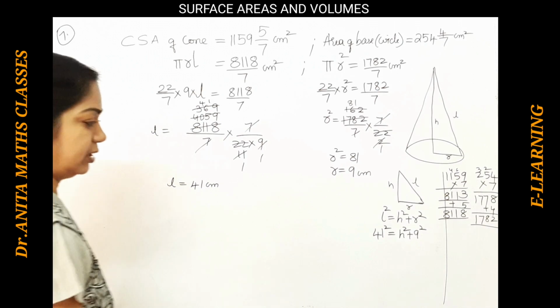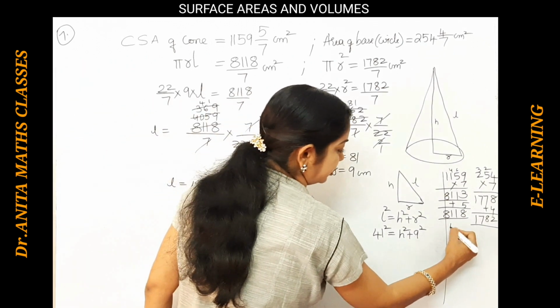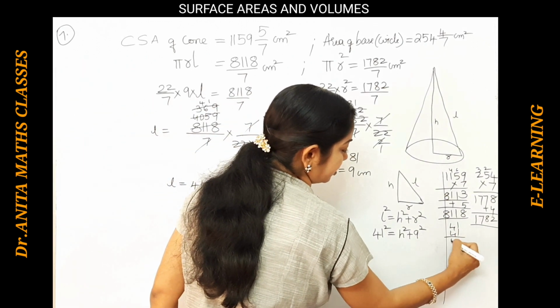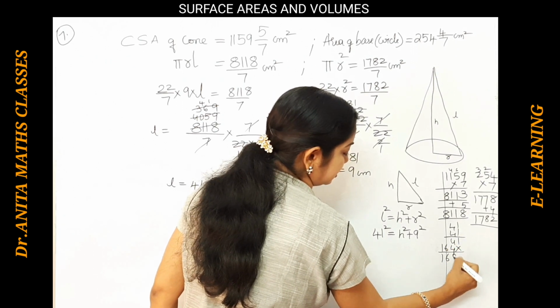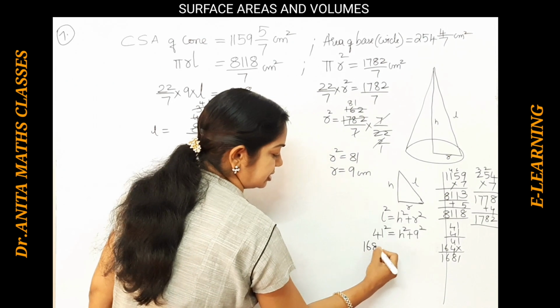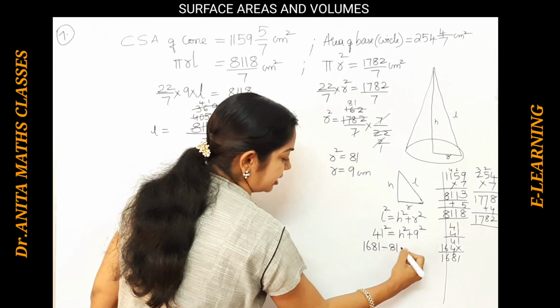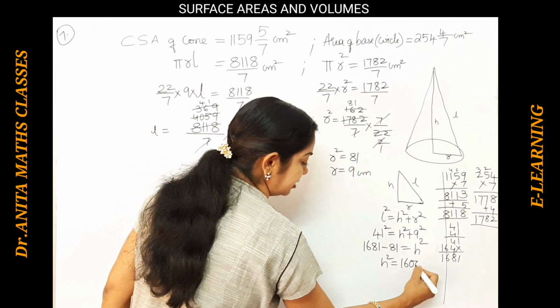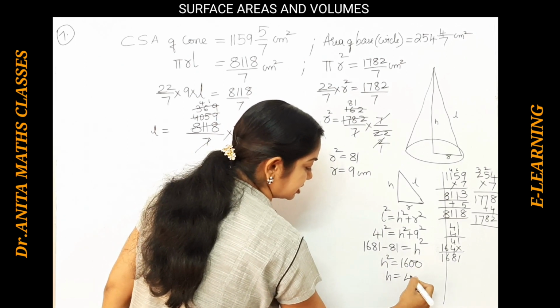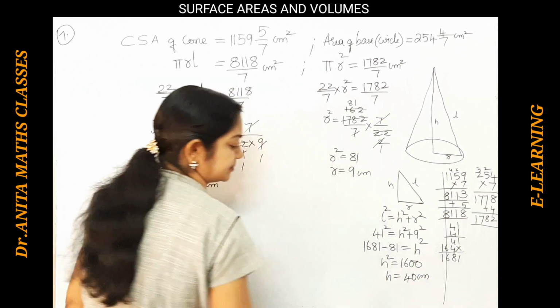How much do we get for 41 whole square? Okay, so we will do it here. 1681 minus 81, so that comes to h square is equal to 1600, h is equal to just 40 centimeters.